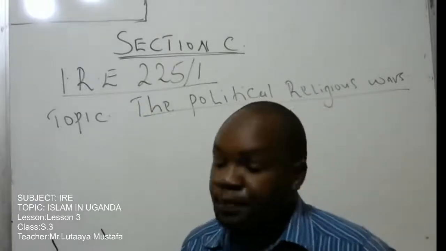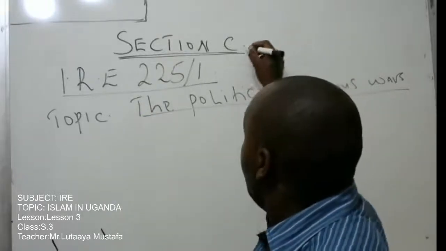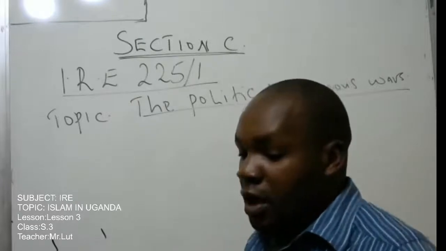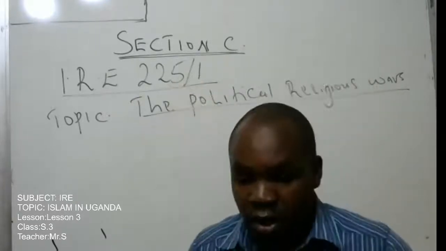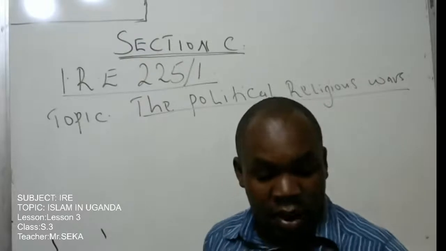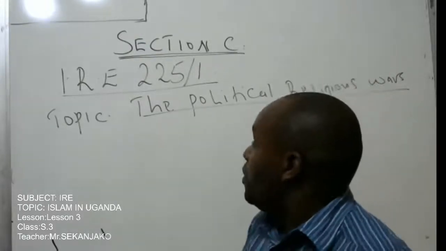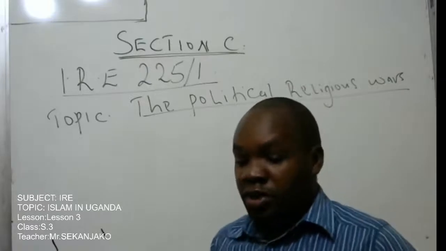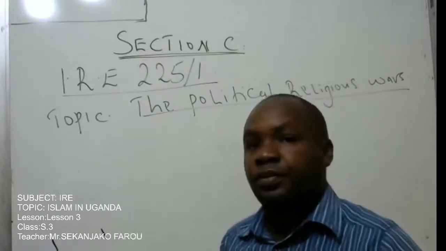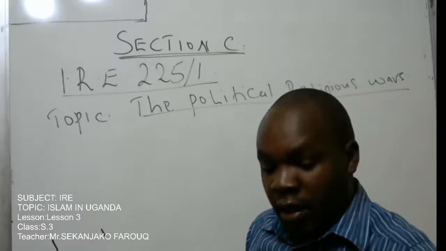We're going to be looking at section C, and as you all know, IRE has two papers, paper 1 and paper 2. With paper 1, we have already covered section A, where we have the life of the Prophet.